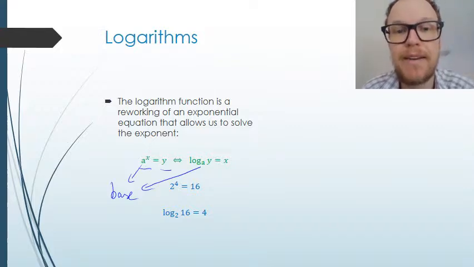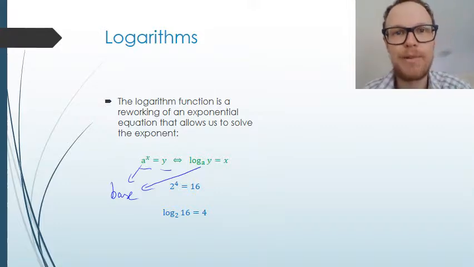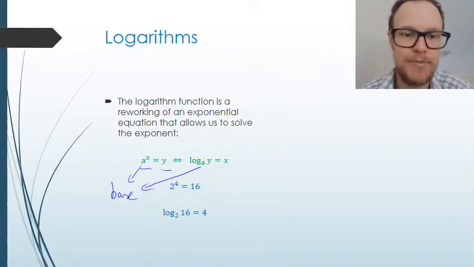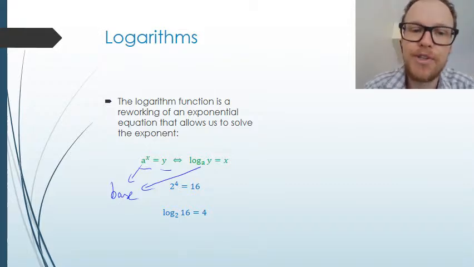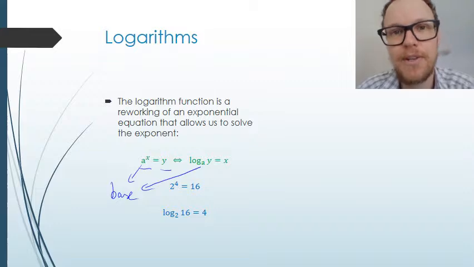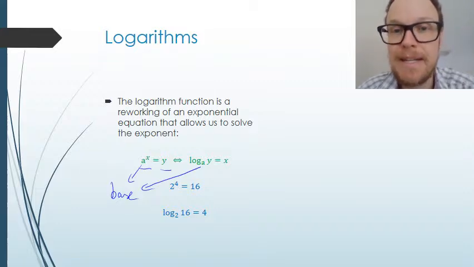The value we get by multiplying a, x times, is going to be equal to y. The logarithm function is the inverse of that and allows us to find the exponent very easily. So for example, 2 to the power of 4 is equal to 16, and log to the base 2 of 16 is equal to 4.